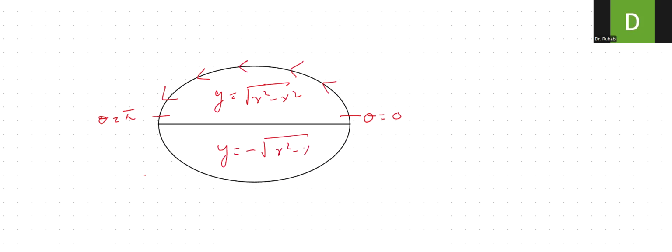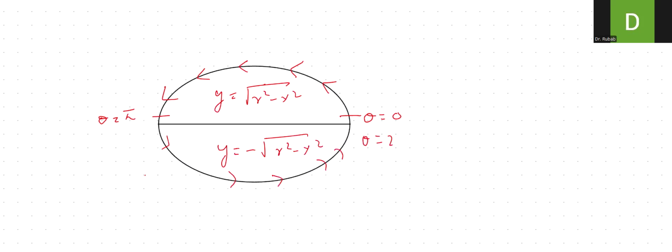This is y equals square root of r squared minus x squared. And for the lower, we take this limit in the counterclockwise direction, right? Now, what about the lower half circle? Its limit starts from pi to 2 pi, right?